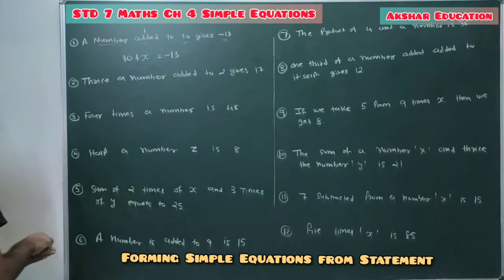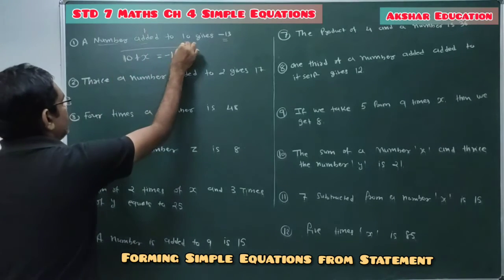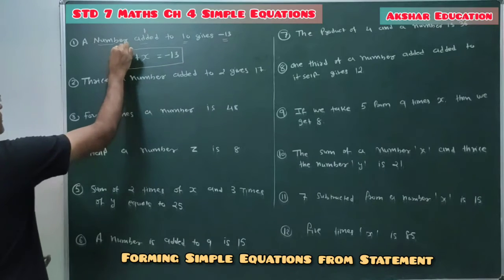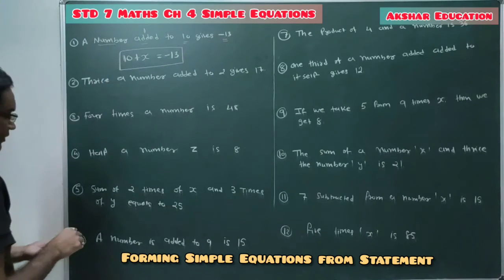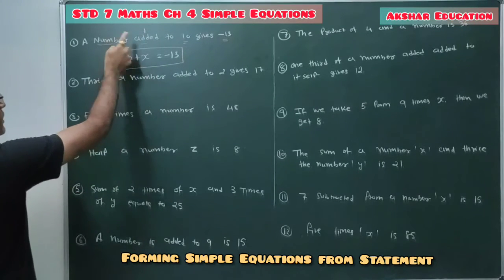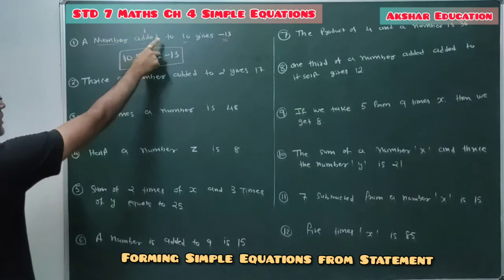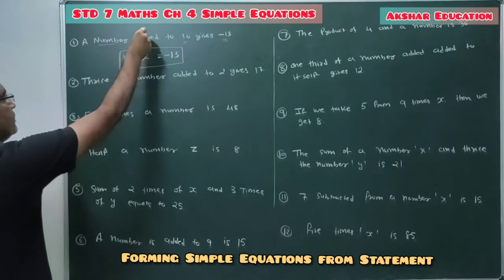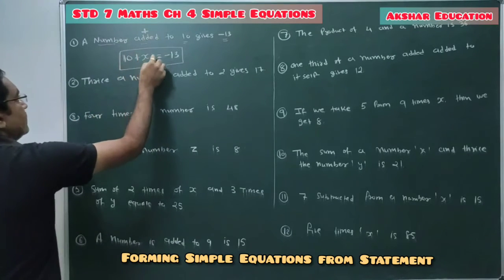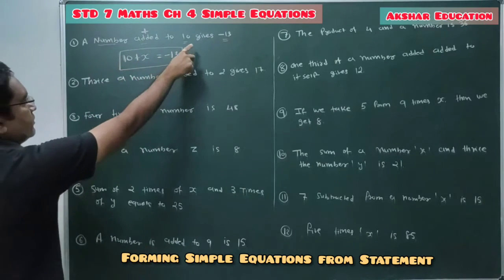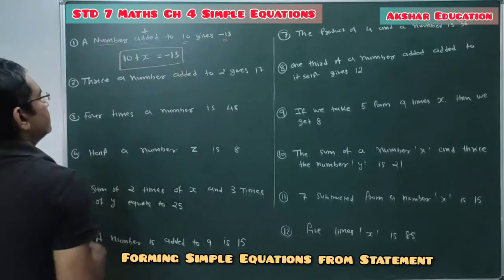So it's 10 plus x equal to minus 13. This is the formation of an equation from the given statement. The number is unknown, so we assume let the number be x. The number is added to 10, so added means plus sign. The number added to 10 gives, means it will give us the result minus 13.